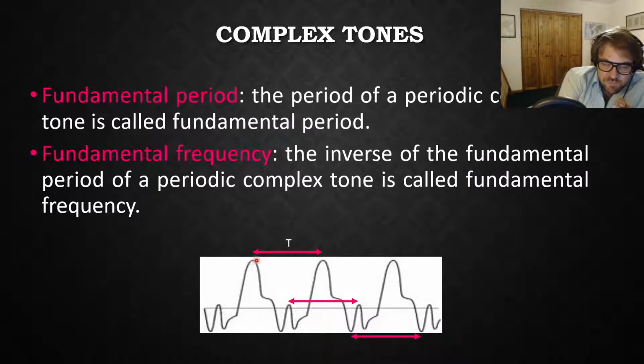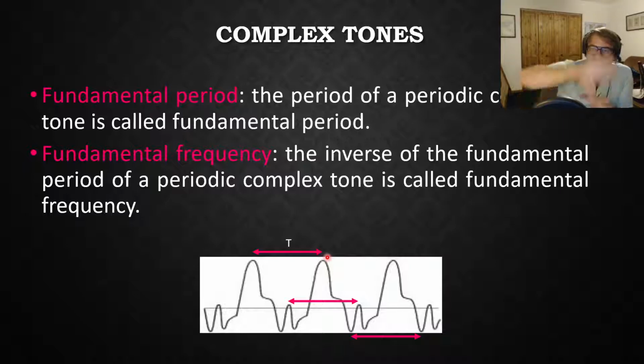So we start at this particular peak, and then it comes down and moves through all the landscape here, and comes back up, and then it repeats again right here. So this is where the entire pattern repeats again. Rather, I should say this is the fundamental period, and from there we can compute the fundamental frequency. So that's what we're going to work on next.